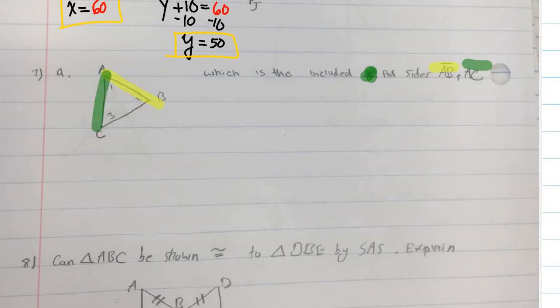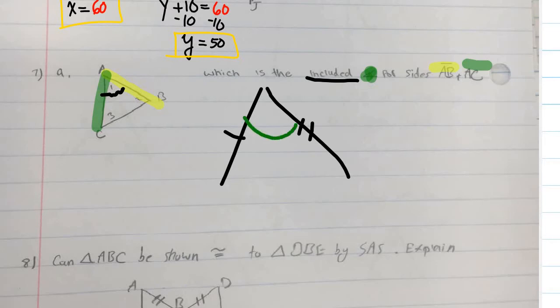The included angle means the angle that's squeezed between. So when we're talking about one side and another side, we say the word included angle to be the angle in between, which in this case is angle number 1.